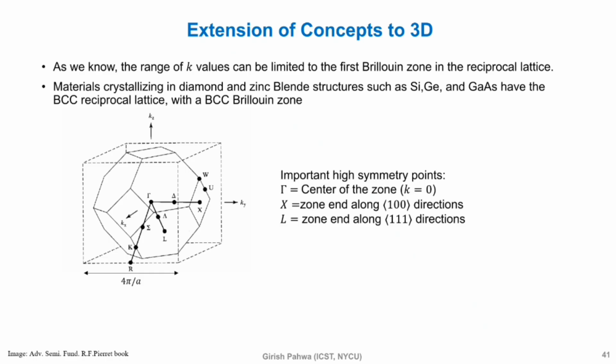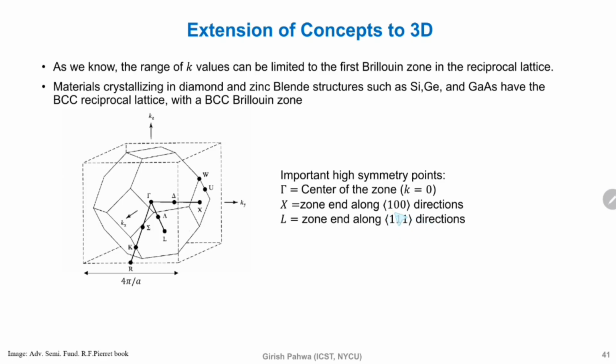Okay, so these high symmetry directions are very important for us, and it's just a nomenclature, right? So L points are along the 1 1 1 direction. I have put this type of bracket here. It denotes a set of directions, a set of 1 1 1 directions, right? Equivalent.